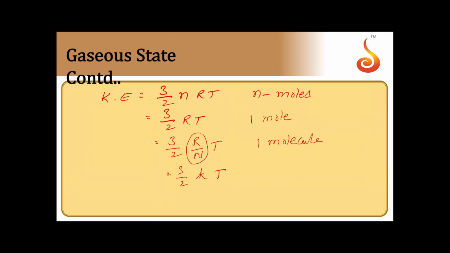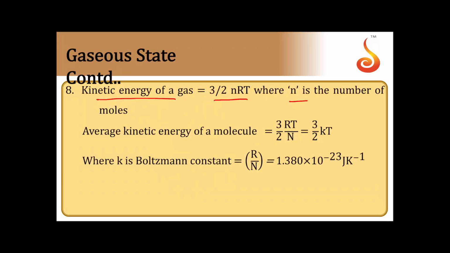So this formula gives kinetic energy for n moles of a gas. This gives it per 1 mole of a gas. This gives it for 1 molecule of a gas, where k is the Boltzmann constant. So average kinetic energy is equal to 3 by 2 nRT, and if you take the average, it is to be per molecule.